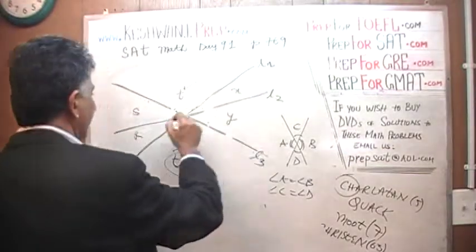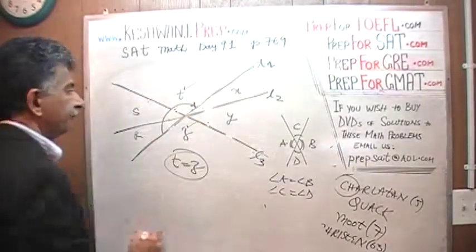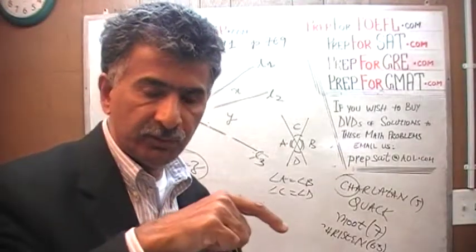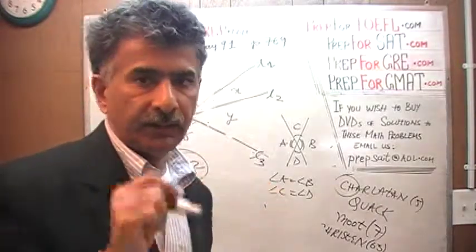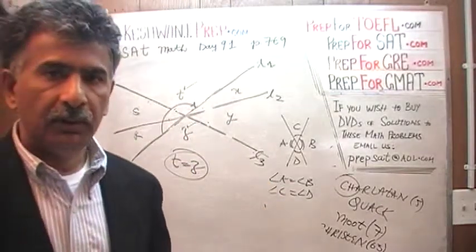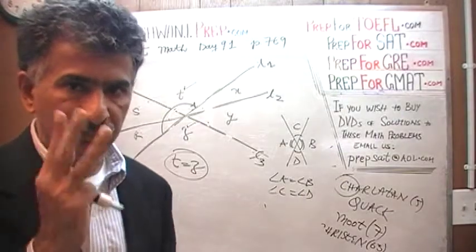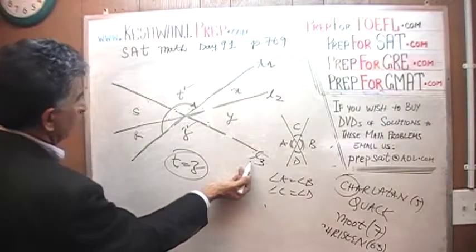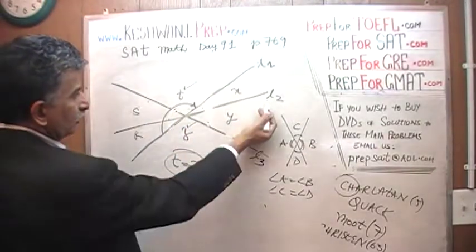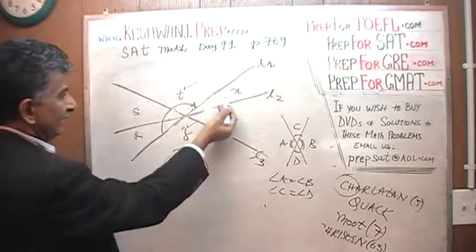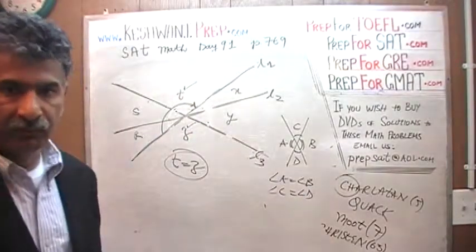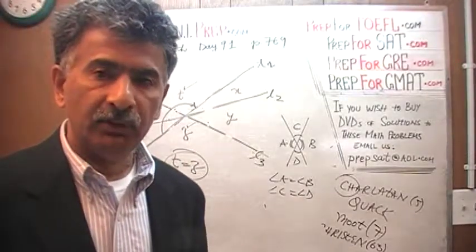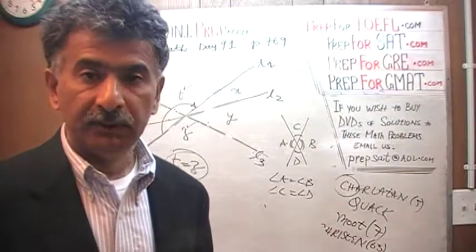For example, L1 is made up of R, S and T. L3 is made up of T, X, and Y. L2 is made up of S, T, and X. Since a line is made up of three angles, we need to know two of those three angles in order to find the remaining third angle.